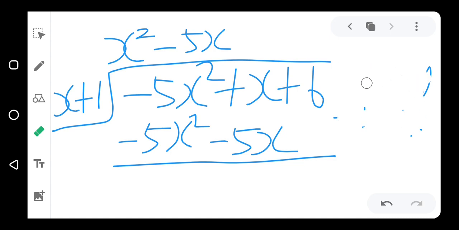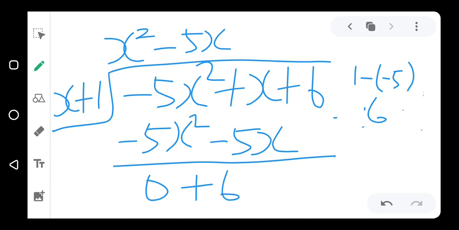So this becomes 0, and this becomes x minus minus 5x, that is 1 plus 5, that gives us 6. So we have plus 6x, then plus 6. We did not work on 6, so we bring it down, that is plus 6.